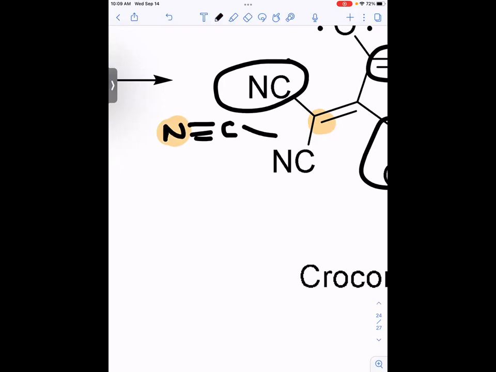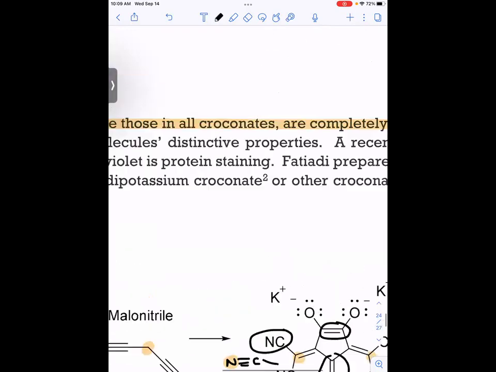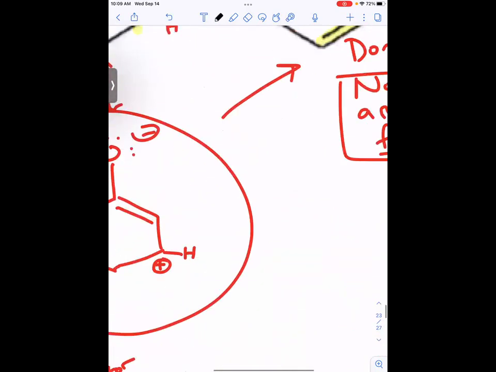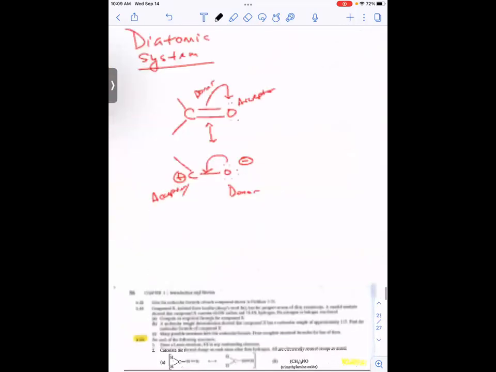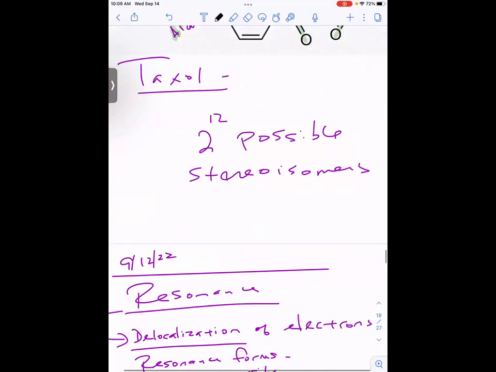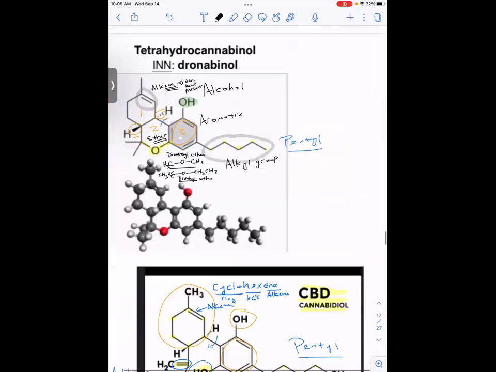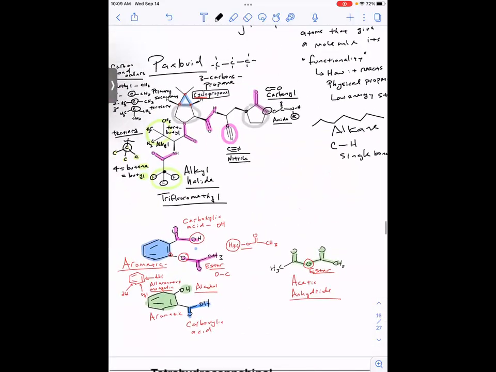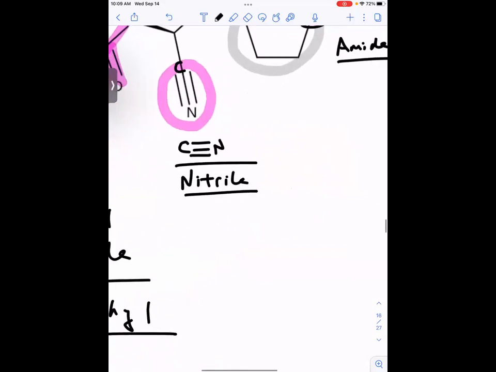We saw it the other day when I pulled up Paxlovid, the COVID antiviral, and we talked about it. Let's go back to it so everybody can get refreshed at the same time. Here, right? So C triple bonded to nitrogen is what we call a nitrile.